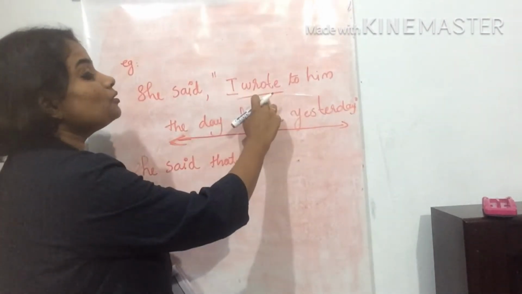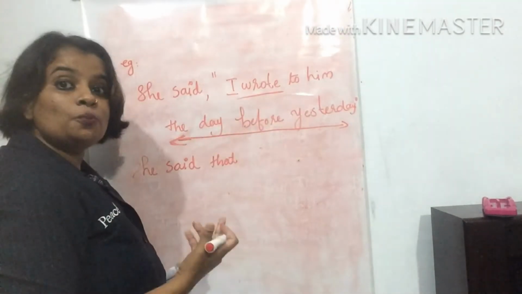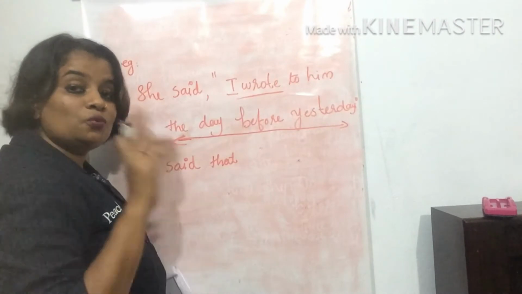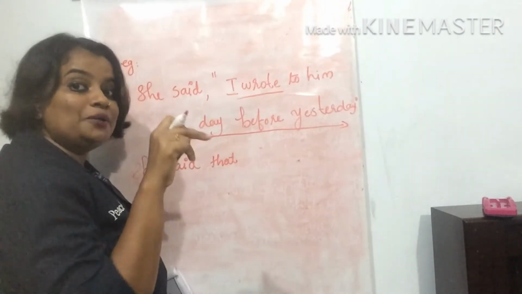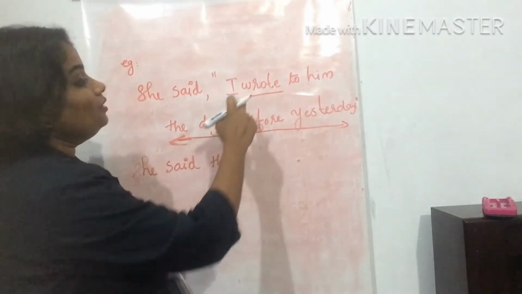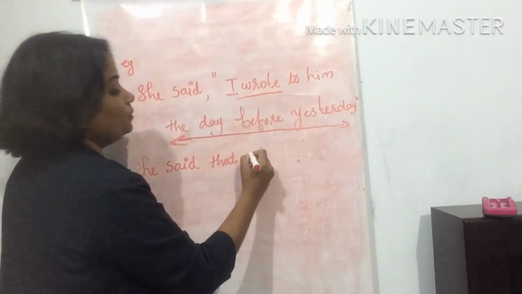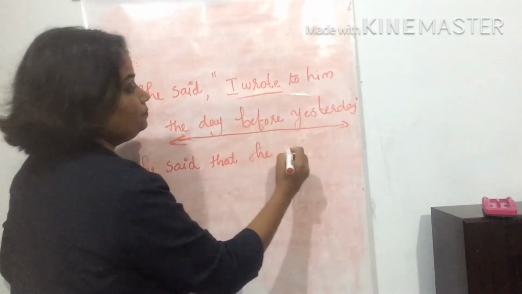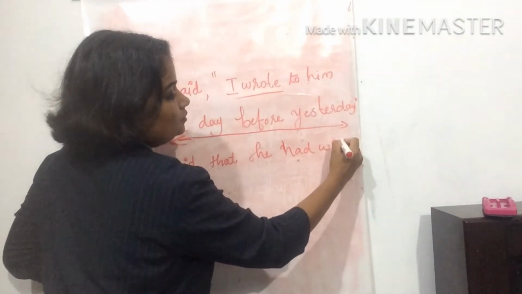So I wrote is in the simple past. Simple past changes to past perfect. What is the structure of past perfect? Subject plus had plus verb third form. Look at the board. I, the first person, changes to the third person. So she had written.